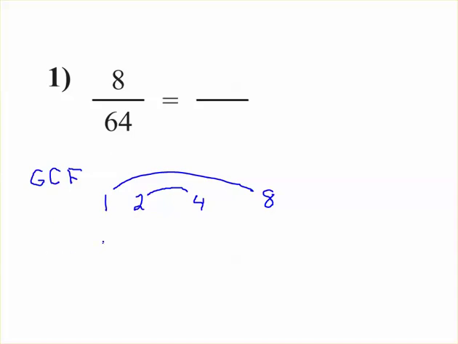To make 64, you can go 1 and 64. 2, and half of this here would be 32. Okay? 3. Can you think of something that 64 is divisible by 3? 64 divided by 3?